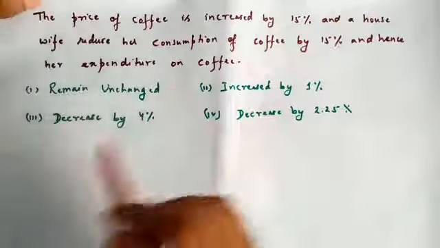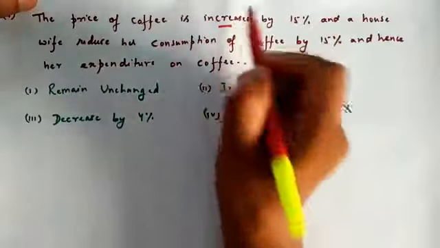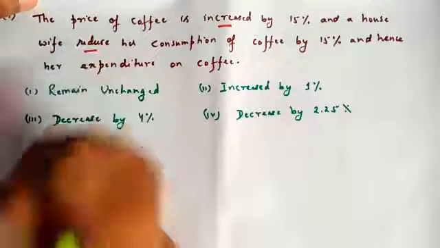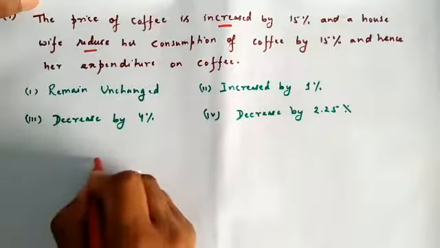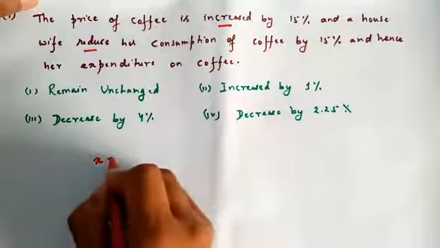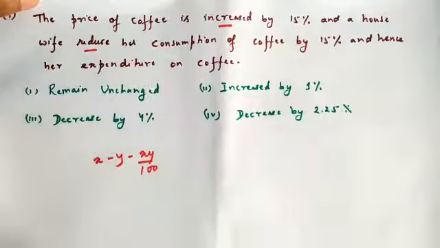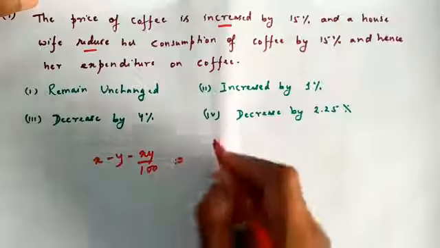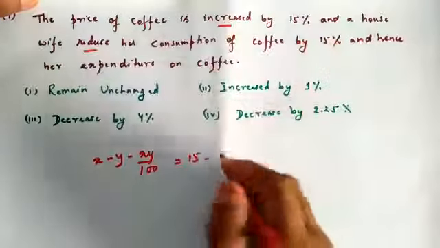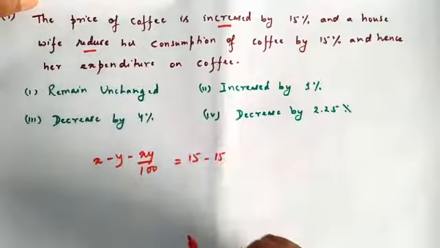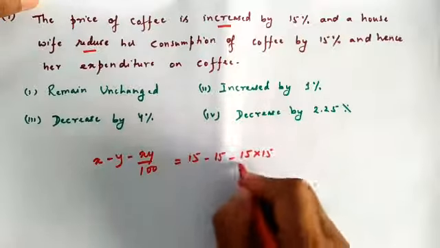First there is an increase, and reduce means decrease, so the formula is x minus y minus xy divided by 100. X means the increase of 15%, and y is the housewife's reduced consumption of 15%.